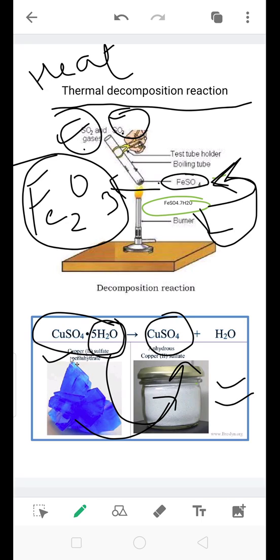FeSO4 is green in color and Fe2O3 is brown in color. So FeSO4 heptahydrated is firstly converted into anhydrous FeSO4, which is white in color, then anhydrous FeSO4 is converted into Fe2O3, which is brown in color, and sulfur dioxide and sulfur trioxide.